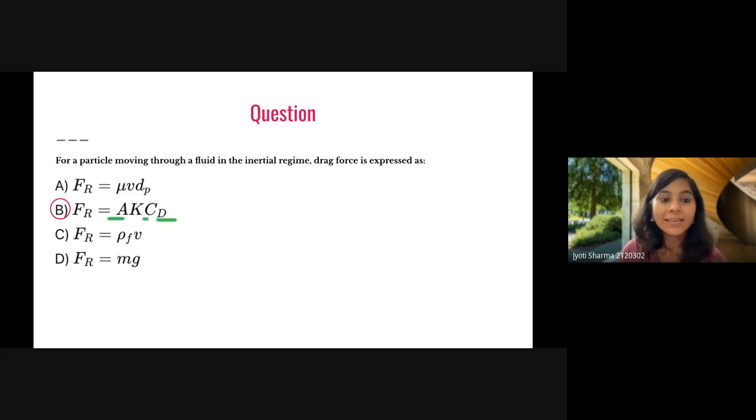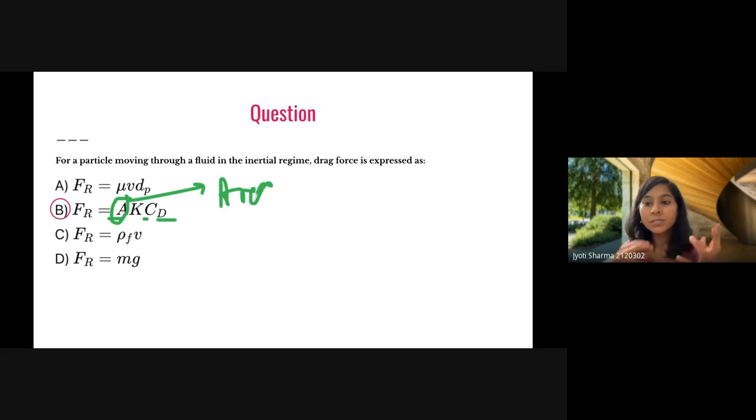So A is the area, and as I told you, drag force is just opposing the motion, so it is also related to your kinetic energy, right? So here this is the kinetic term, and this is your drag coefficient.